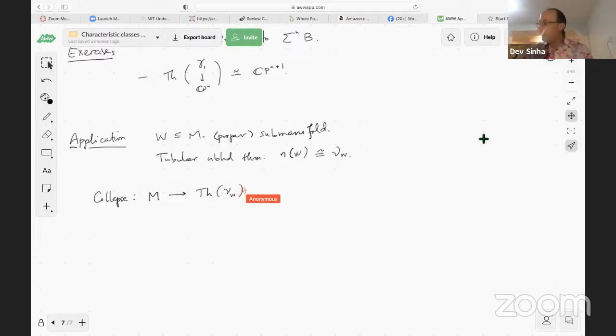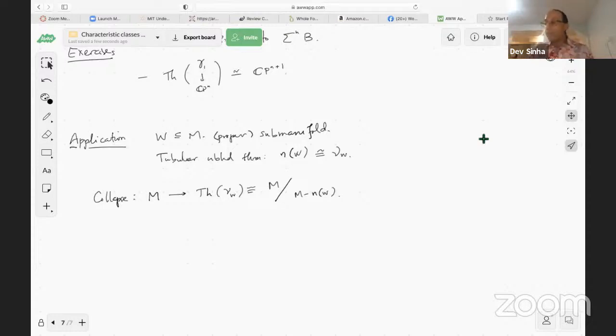And what you do is you just take, well, this is, I claim, homeomorphic to M quotiented by M minus this neighborhood. So take everything outside of the neighborhood and identify it to a point. So that's collapsing everything outside of this tubular neighborhood of W.